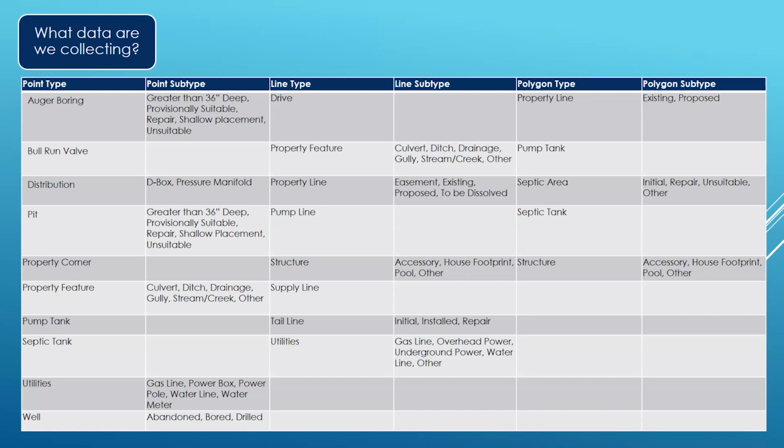So point types, line types, and polygon types is what we wanted to do. These are our main feature classes. And then, of course, getting them to think about domains and listed values. They began to name off things like auger borings, pits, things like that. And then especially with conditional formatting and Field Maps, it makes all this data entry really smooth.